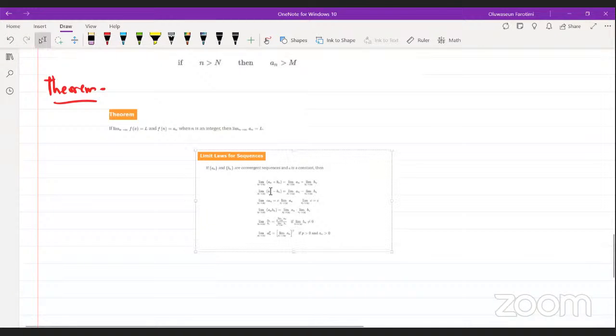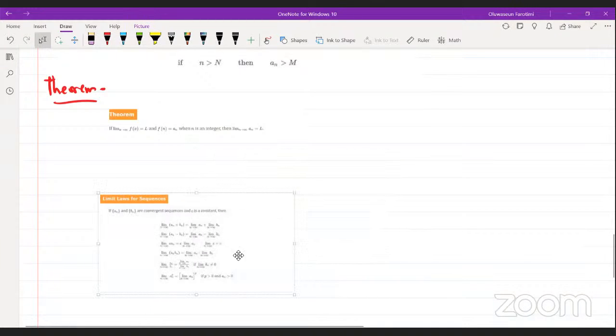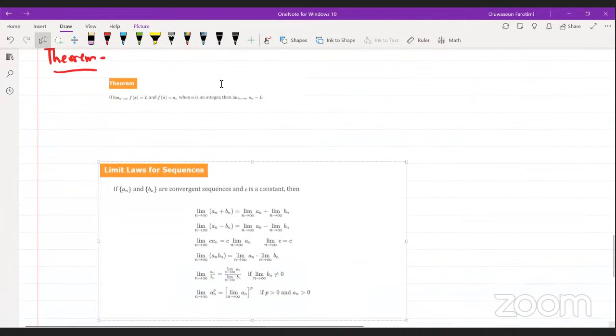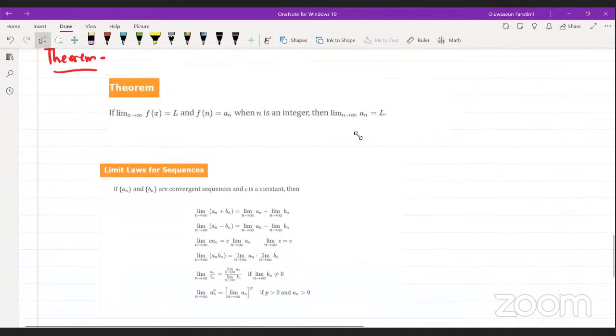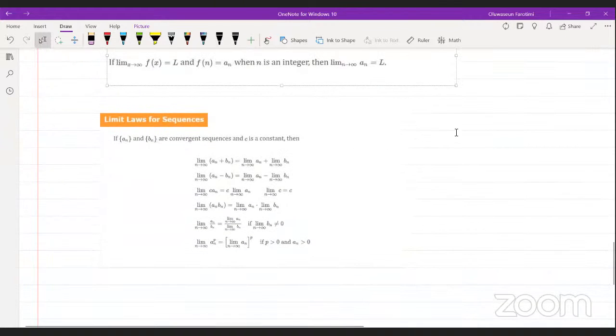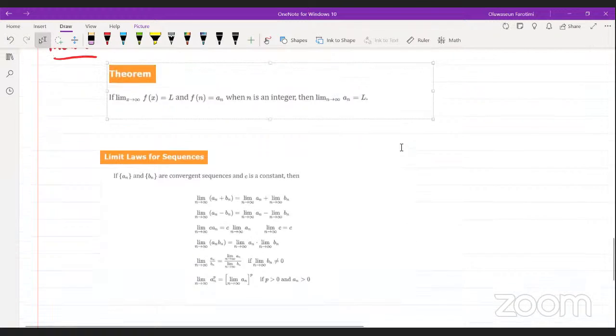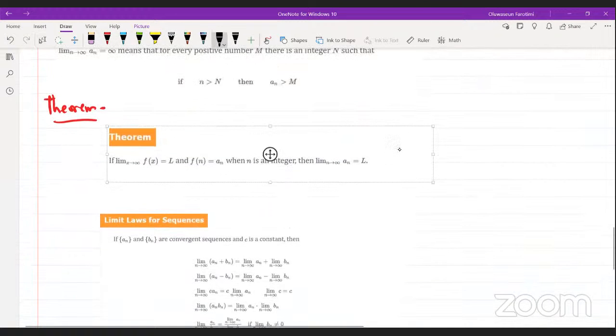This is another theorem. Let me just expand it better, guys. Now, the first theorem is this. Let me explain what these guys are saying.